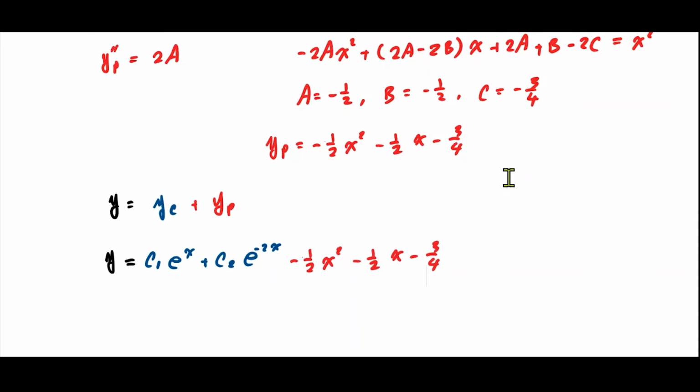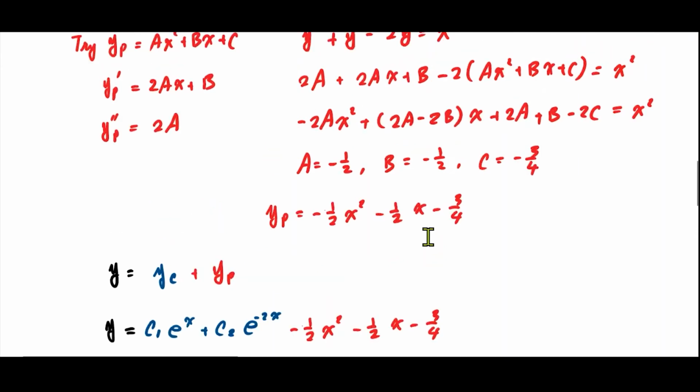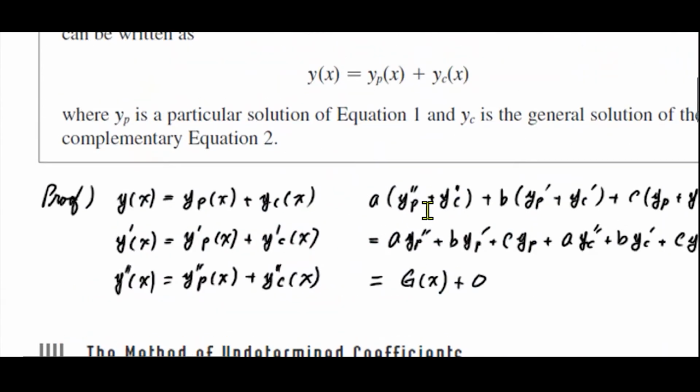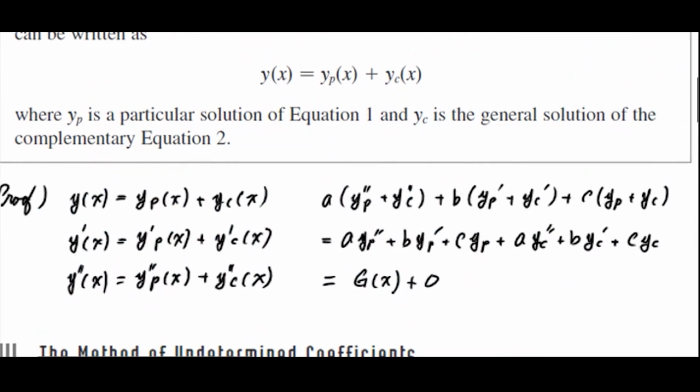Okay. Now, let's think about it. Why would it work? Some of you can kind of see it. That's what this theorem is about, right? Let's talk a little more theoretically. If you have a combination of the two, the particular solution first, when you take a derivative you get these two, and when you take the second derivative you get these two.